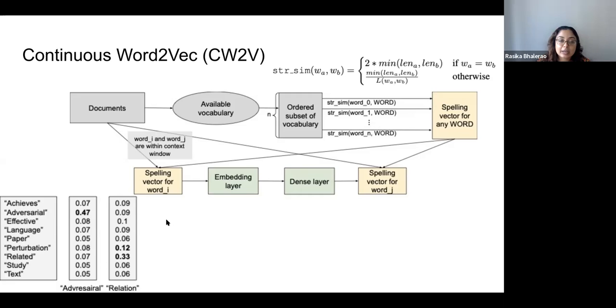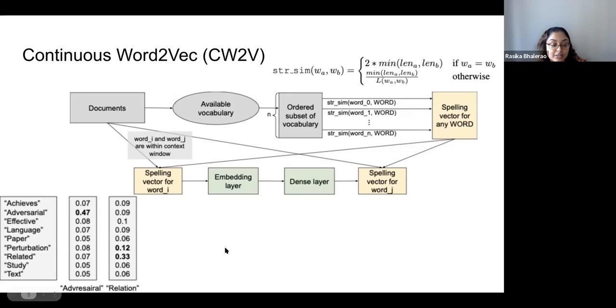We calculate those by first selecting a random subset of the vocabulary, and then the spelling vectors are calculated by measuring the similarity between the strings of that word and each word in this subset. The string similarity is calculated using this expression up here. Basically, L is Levenshtein distance, and because that's distance, we turned that into similarity using fractions.